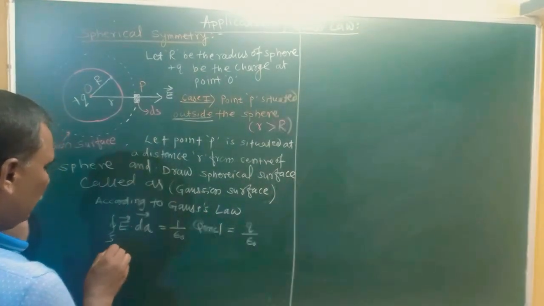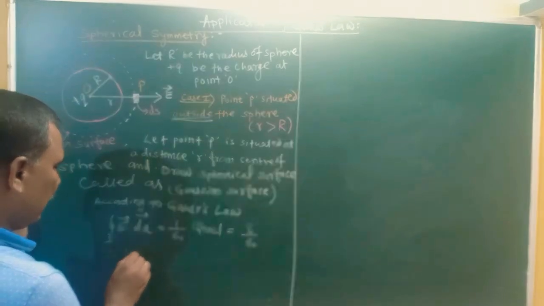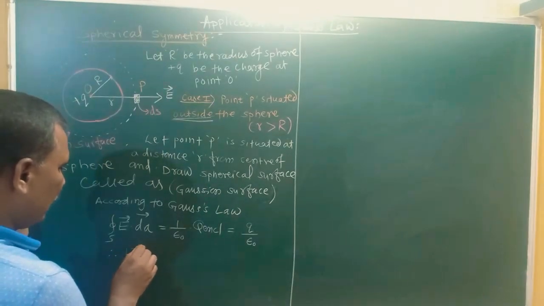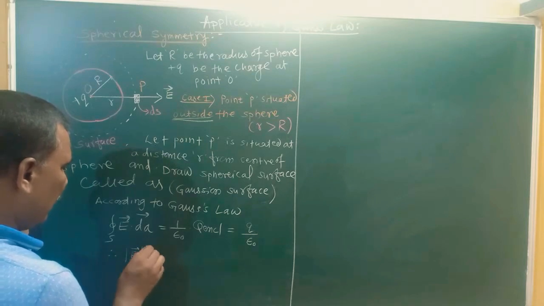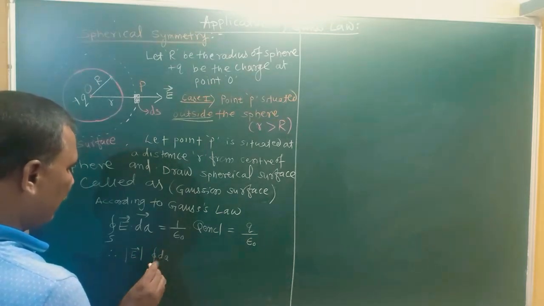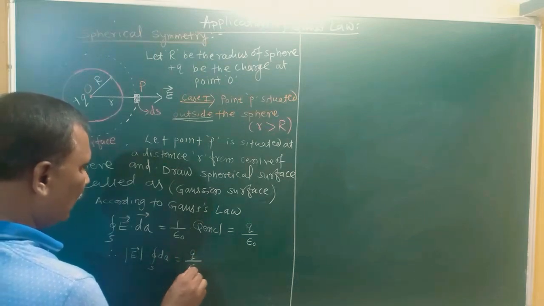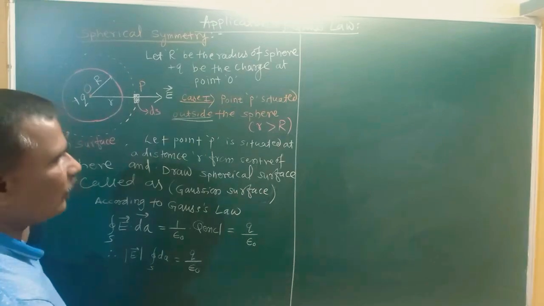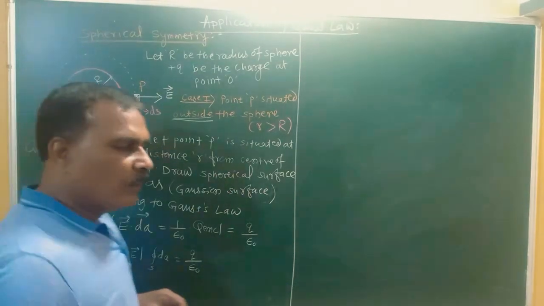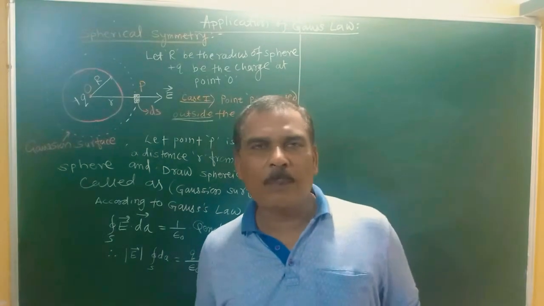therefore electric field is a constant here, so E bar into the surface integration of dA over the surface S is equal to Q upon epsilon 0. Now, what is the area of a sphere? It is 4 pi r square.